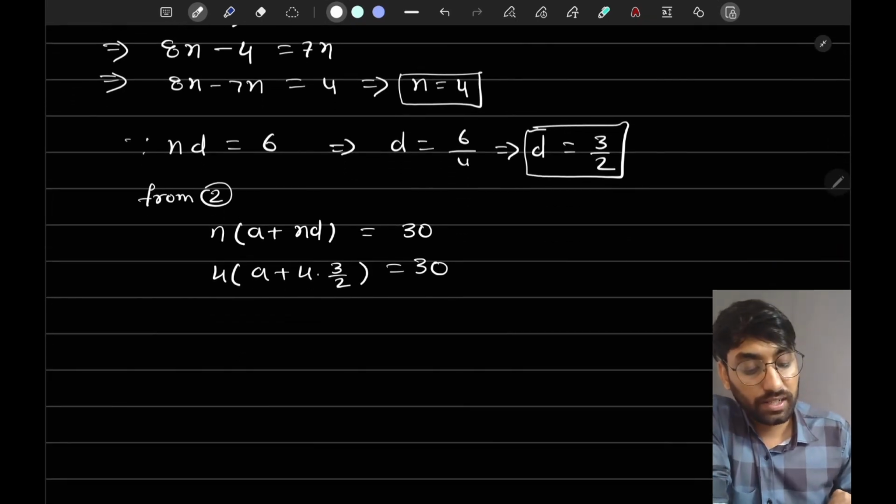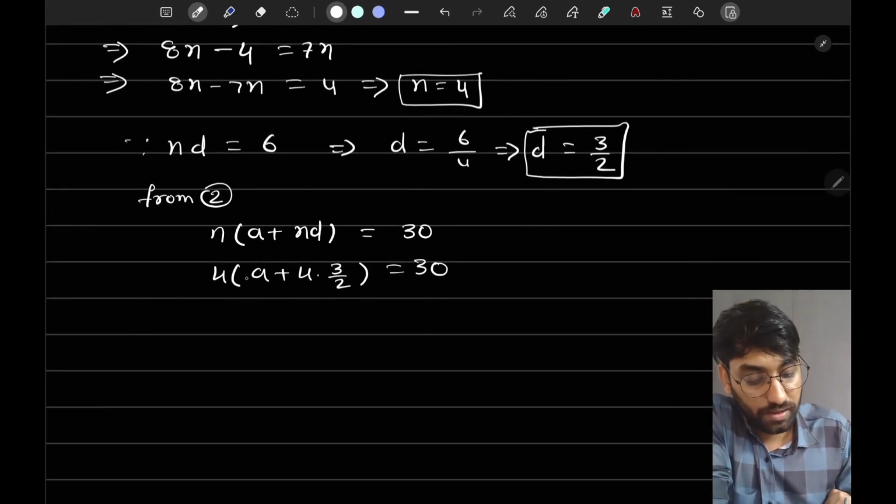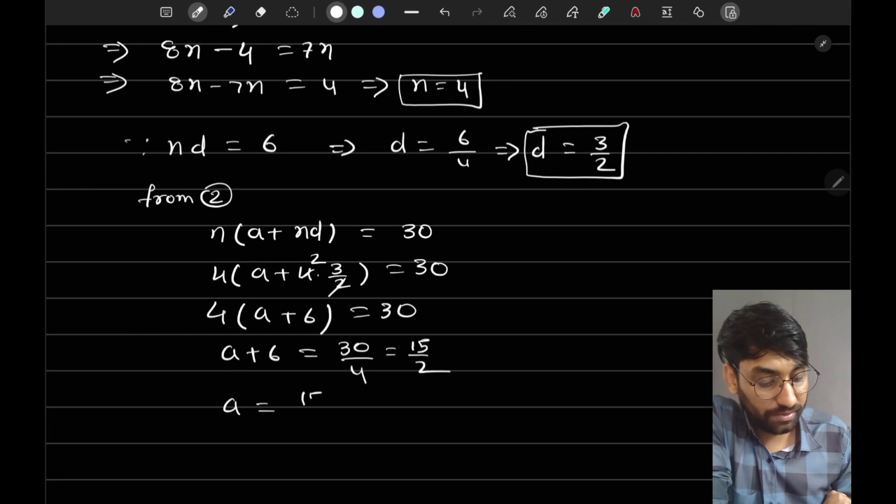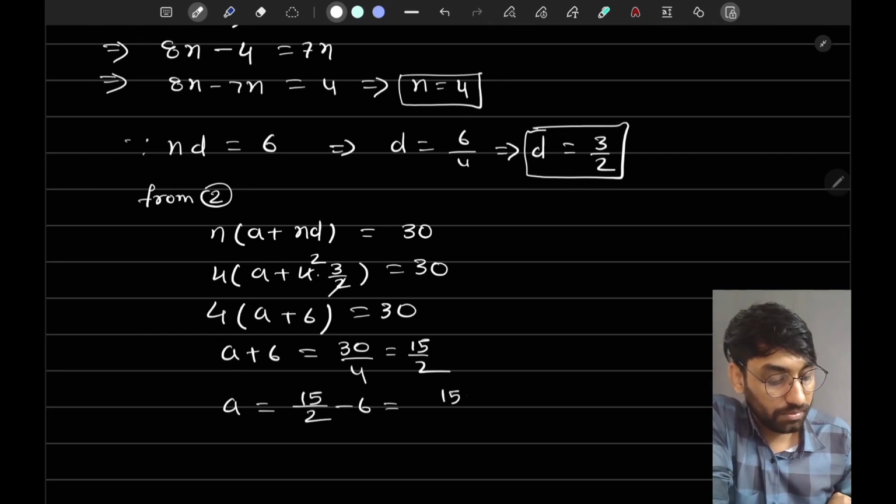Correct? So what will I get here? 4 times a plus, this is nothing but 2 times 3, so 6, equal to 30. It means a plus 6 equals 30 by 4, which is 15 by 2. So a equals 15 by 2 minus 6, that is (15 minus 12) by 2, which is again 3 by 2.